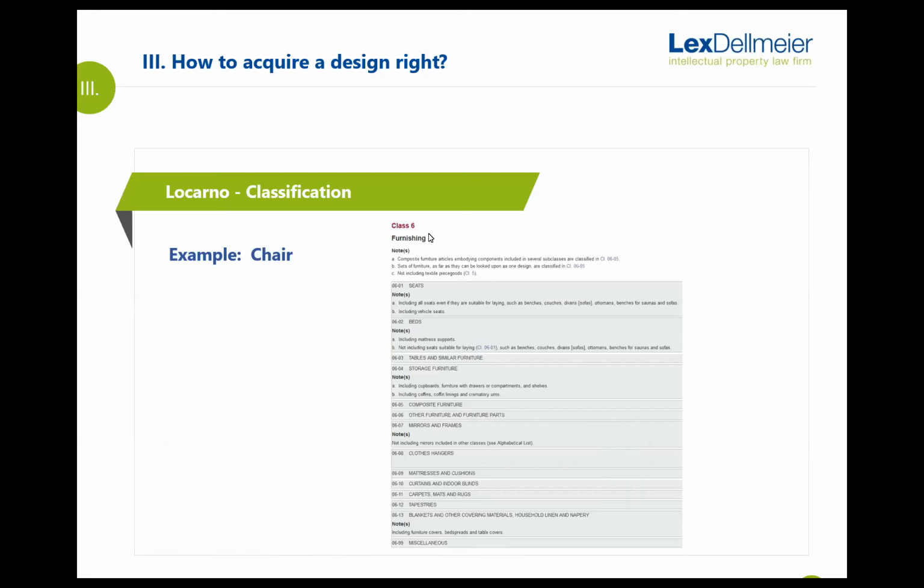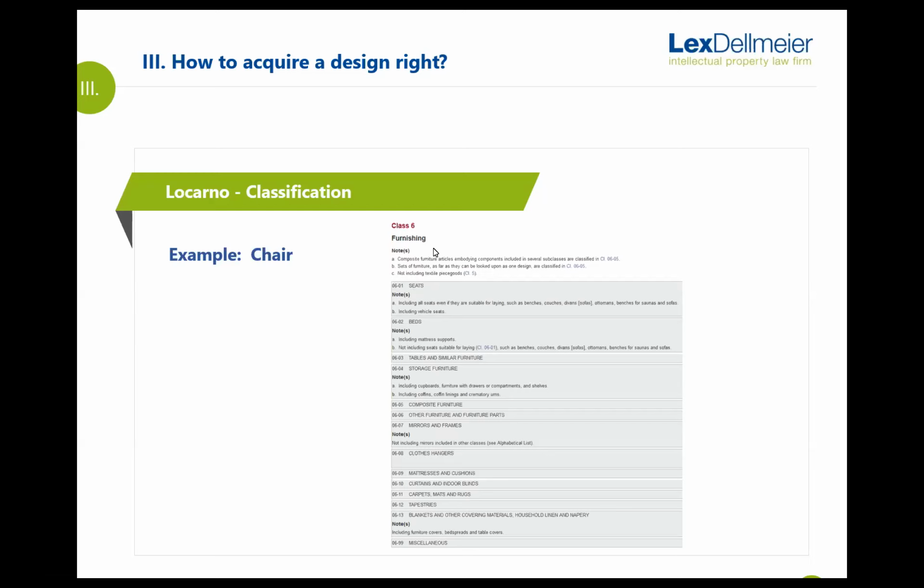Class 6 covers furnishing in general, but it also contains subclasses like 601, which has seats. It covers all kinds of seats. So our chairs would be classified in subclass 601.